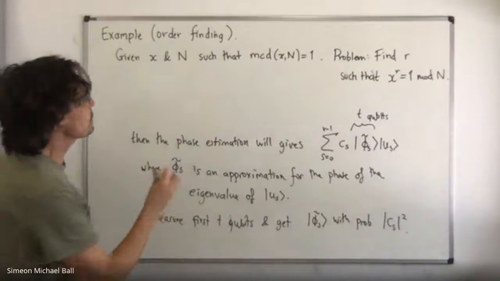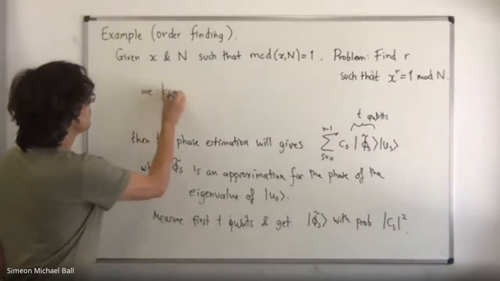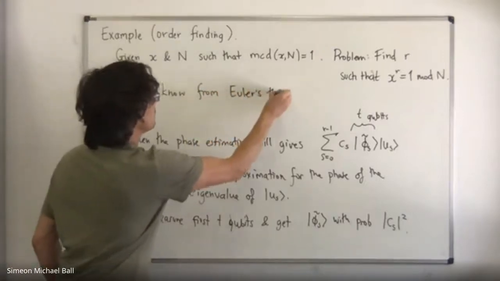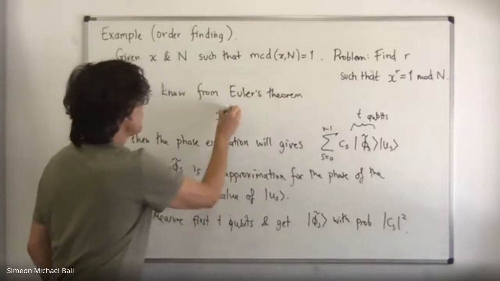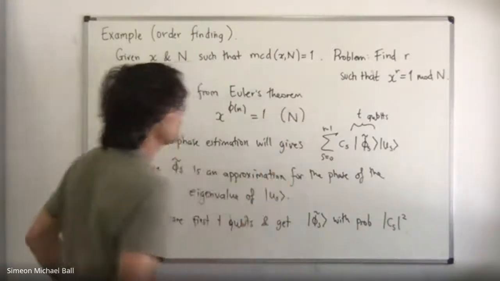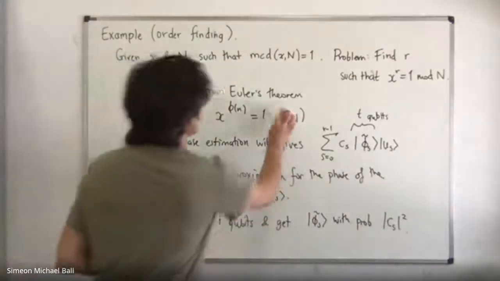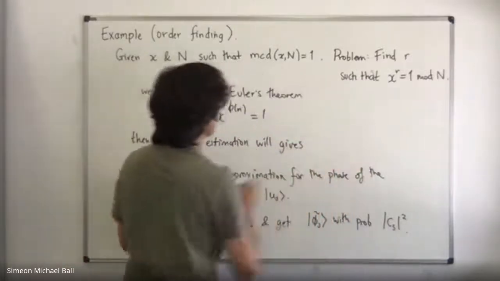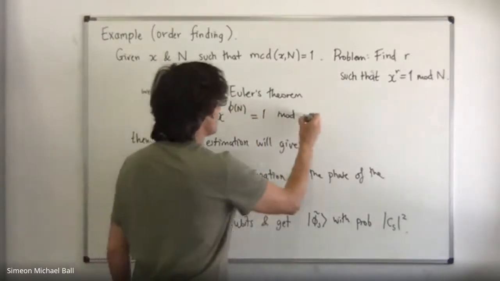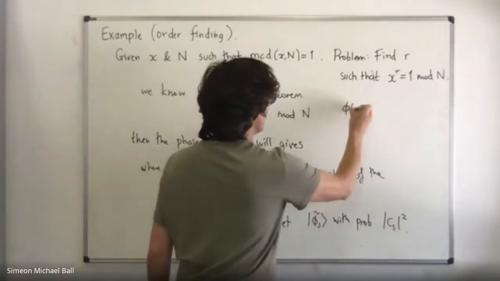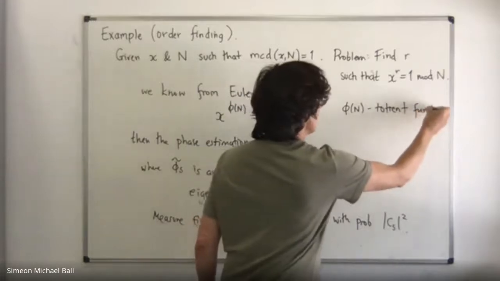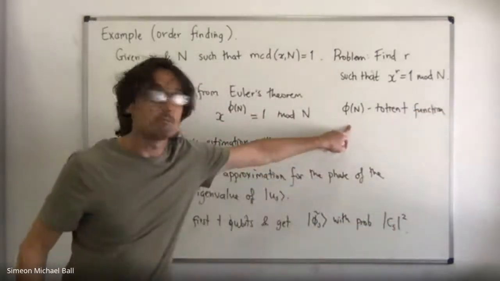Now, of course, we know from Euler's theorem that x to the phi(N) is equal to 1 modulo N, where phi(N) is the totient number.